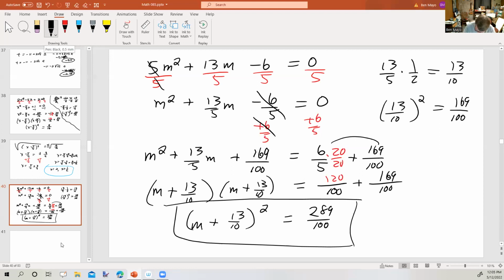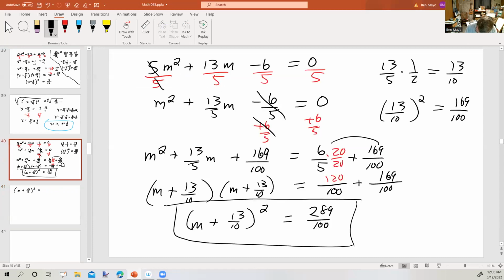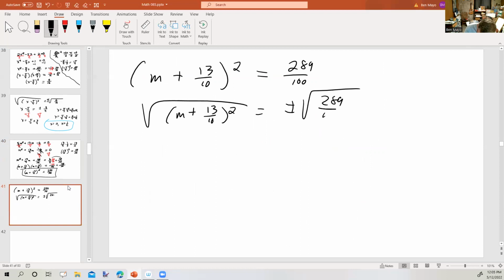I'm ready. All righty, so we've got m plus 13/10 squared equals 289/100. We're going to take the square root of both sides. So we get m plus 13/10 equals plus or minus, let's see, the square root of 289.